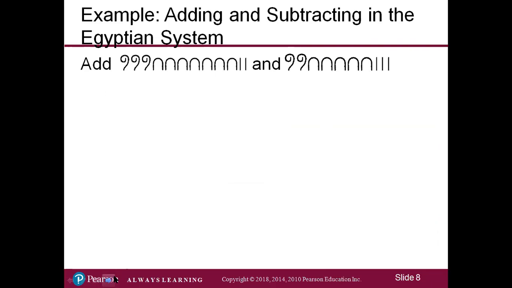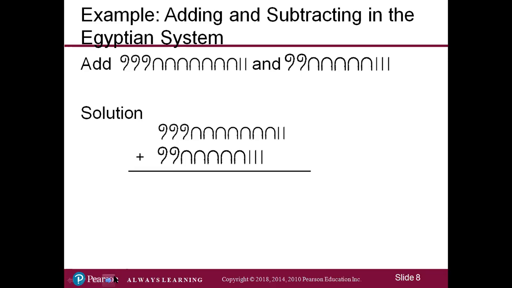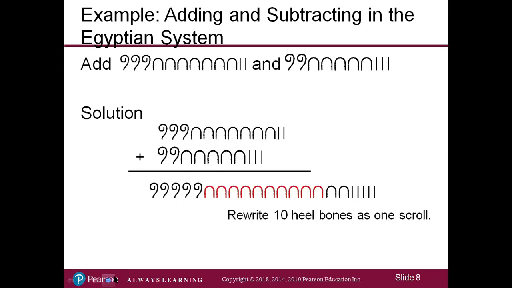Add 3 scrolls, 4 6 7 heel bones, 2 strokes, and 2 scrolls, 5 heel bones, and 3 strokes. Solution is just to stack them like we do in our traditional algorithm and combine like symbols. So we combine all the scrolls together, all the heel bones together, all the strokes.